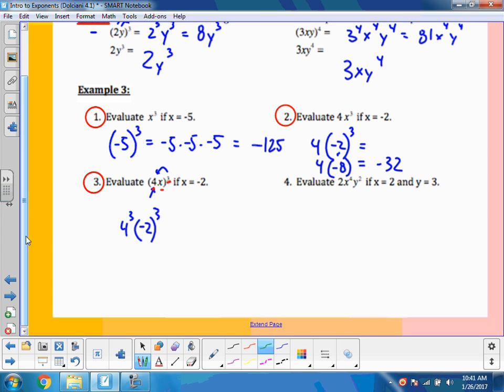It's 4 to the third power is 64 times -2 to the third power is -2 times -2 times -2, which is -8. So I'm going to take 64 times -8, and I get -512 as my answer. All right, why don't you press pause and you try number 4.